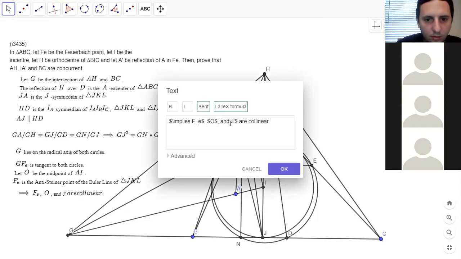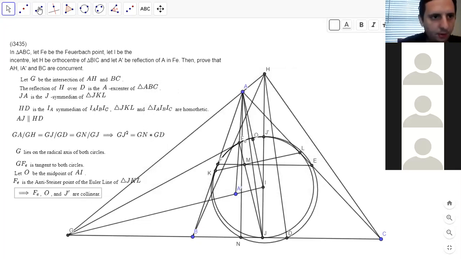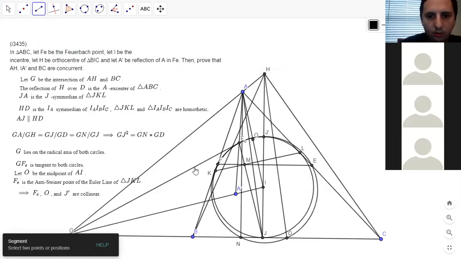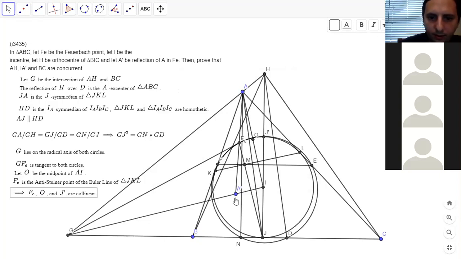And so by reflecting over A, since FEO is perpendicular to FJ, then that means that AI is perpendicular to FJ.